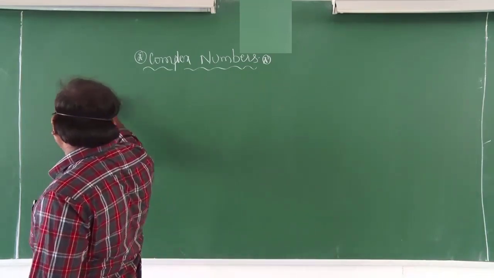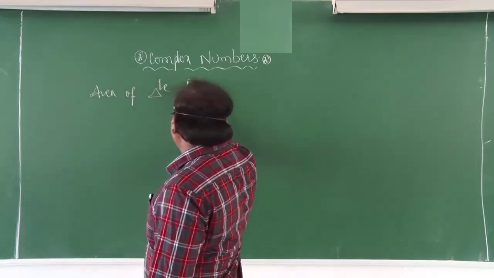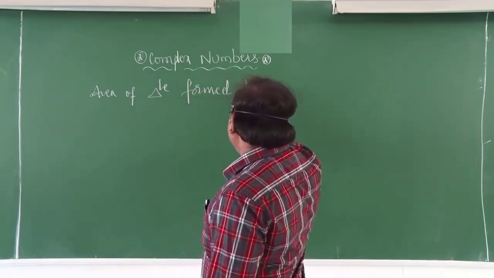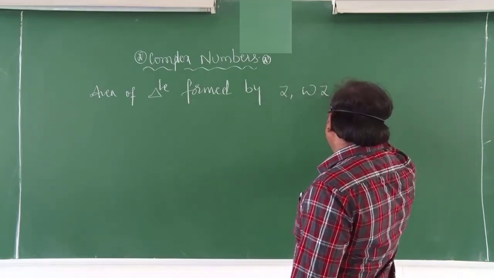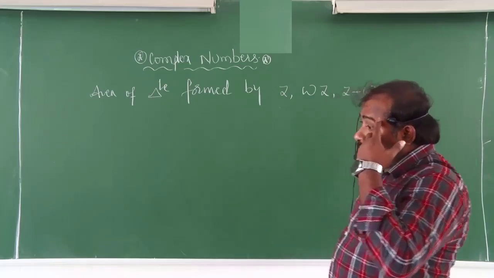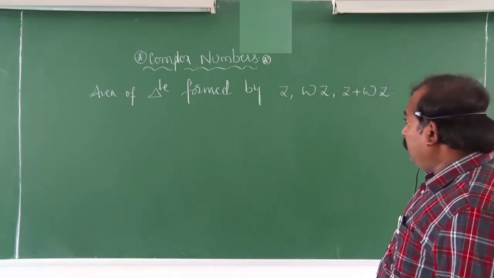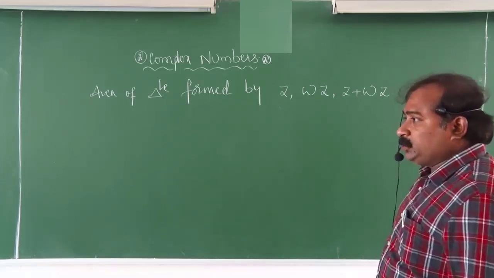What will be the area of the triangle formed by z, omega z, z plus omega z?